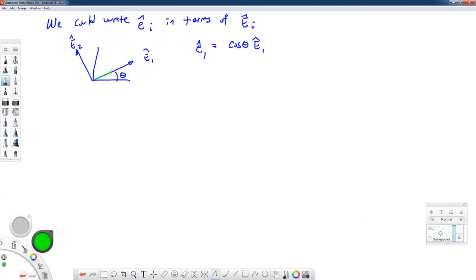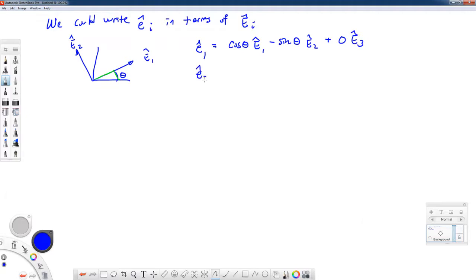We'll be going a little bit this way and a little bit this way. Notice that's in the negative E hat 2 direction. So I'd have a minus sine theta capital E hat 2. And for our plane rotation, we'd have a 0 E hat 3.